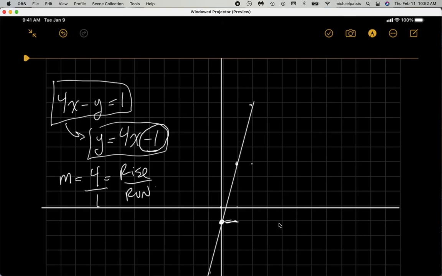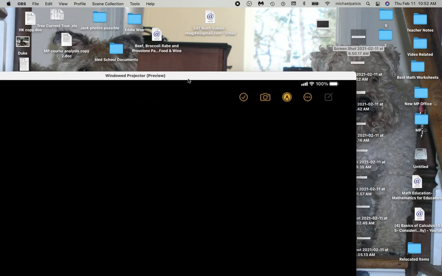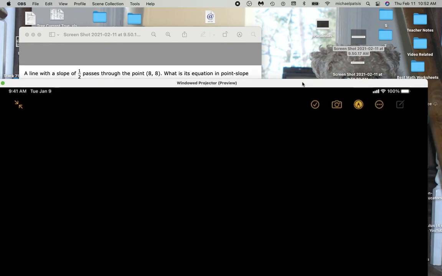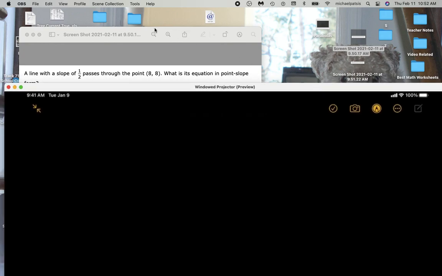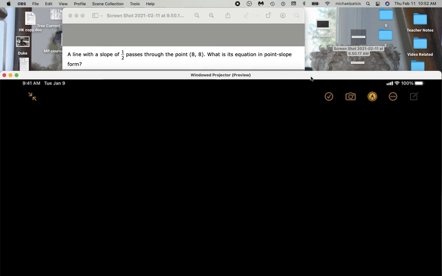Okay. Now what I'd like to do is move to some IXL problems that I had set up with screenshots. Okay, so let's start with this one. We have a line with a slope of 1/2 that crosses through the point 8, 8.